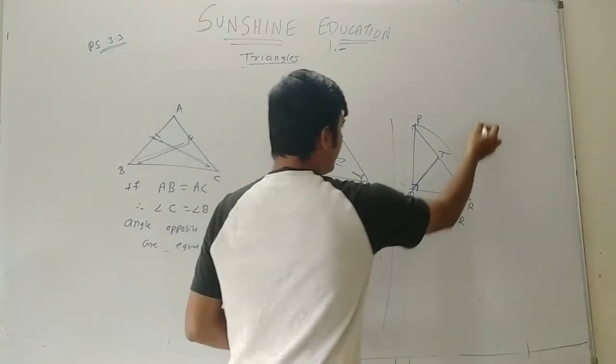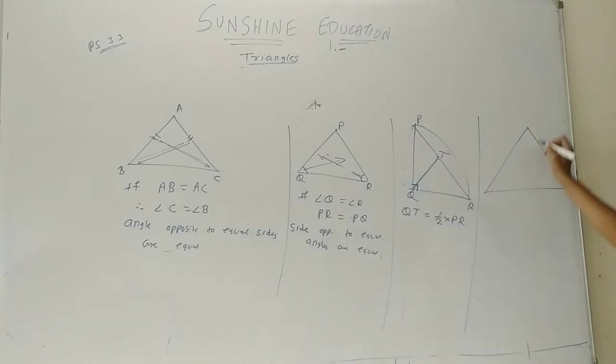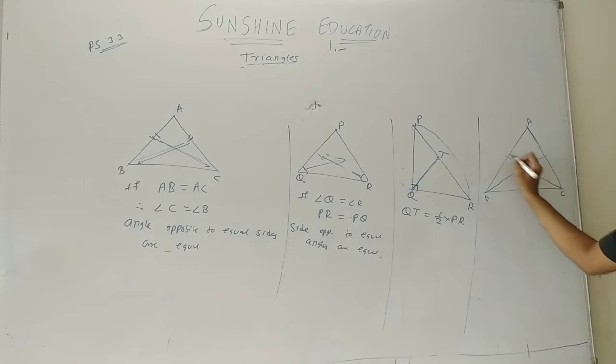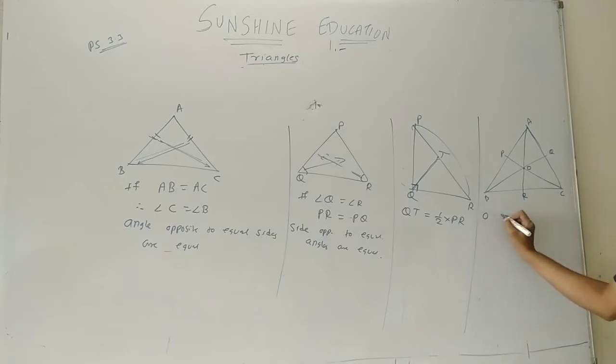And the fourth property you need to see. Suppose we have a triangle ABC and we have three medians, and the point of intersection of the three medians is called the centroid. So O is the centroid.